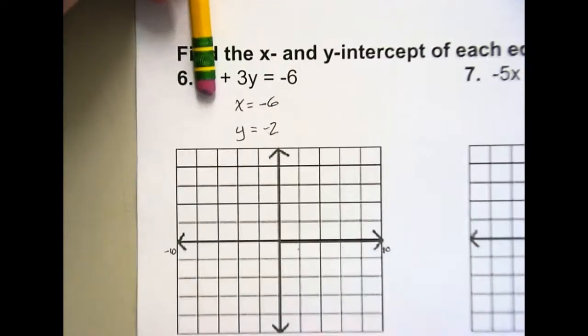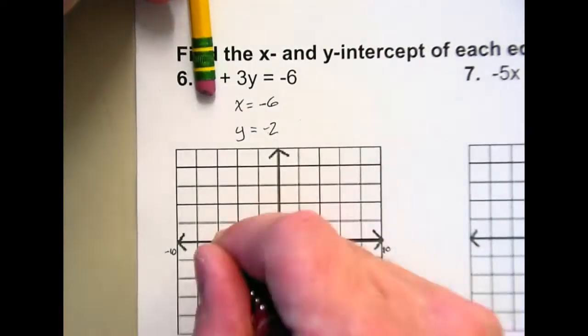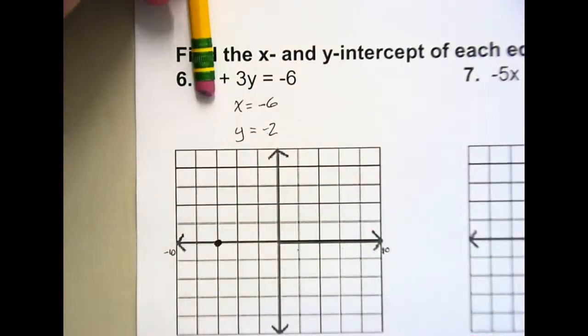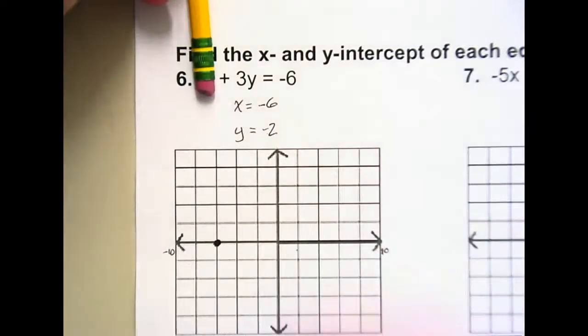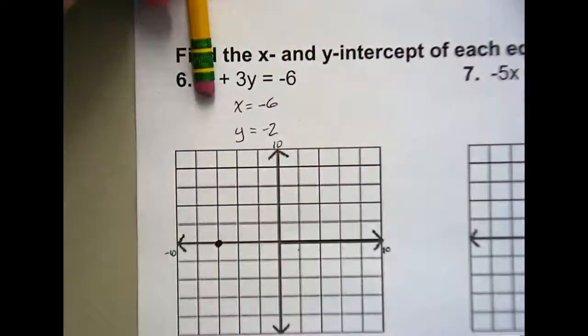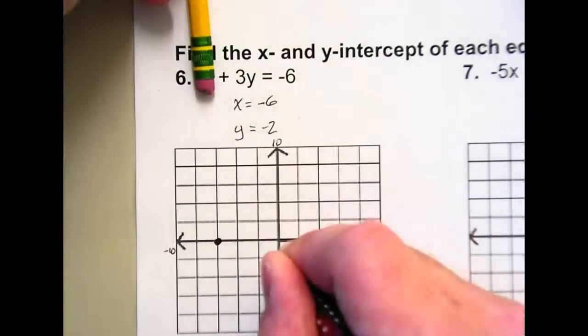Now I've changed my scale. All right? I'm going up by a different interval there. So 2, 4, -6. Booyah. And then y, I'm just going to make them all going up by 2 just so I don't confuse myself. Okay? So go down to -2.